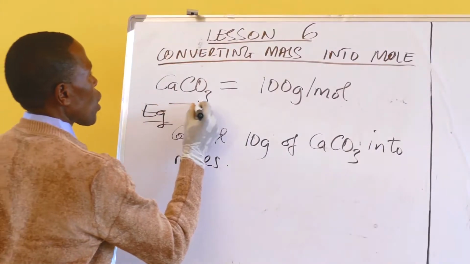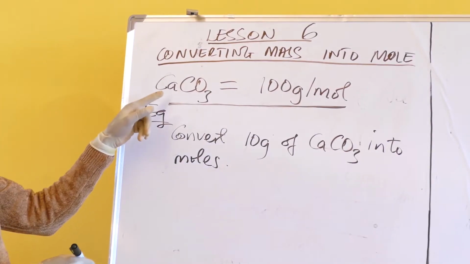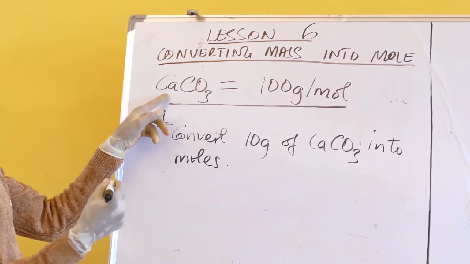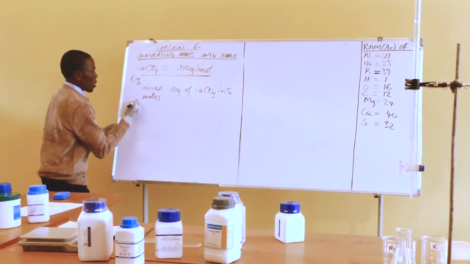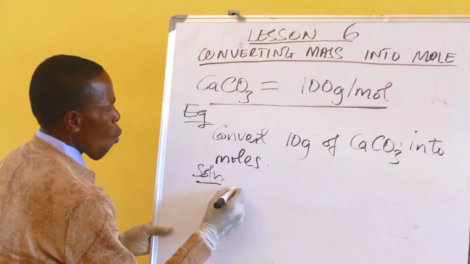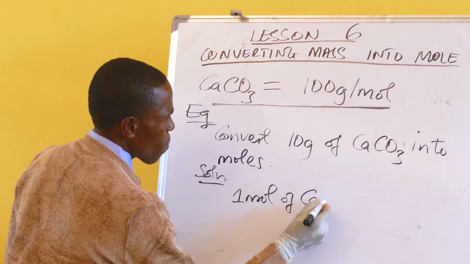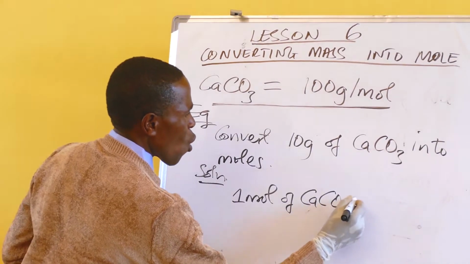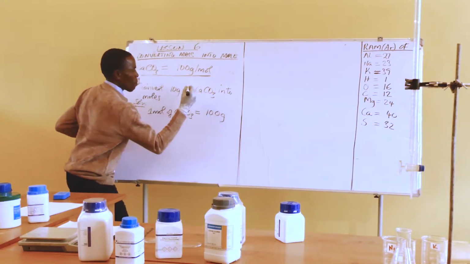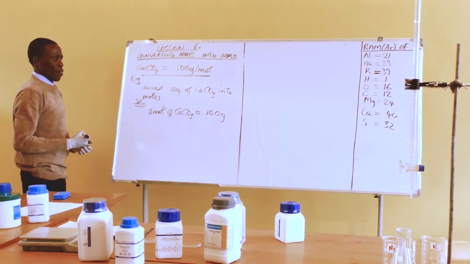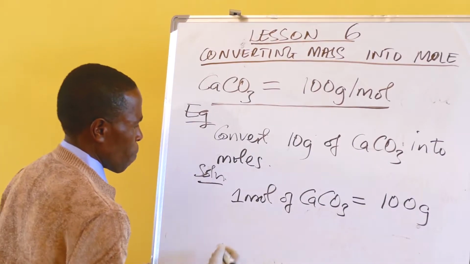As we have the foundation, the chemical container of calcium carbonate is written in this basic formula, which has 100 grams. So by that way, we just say 1 mole of calcium carbonate contains 100 grams of calcium carbonate.